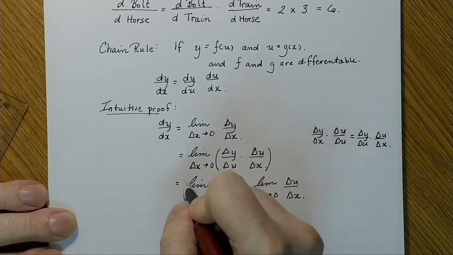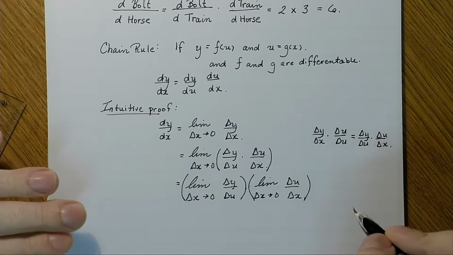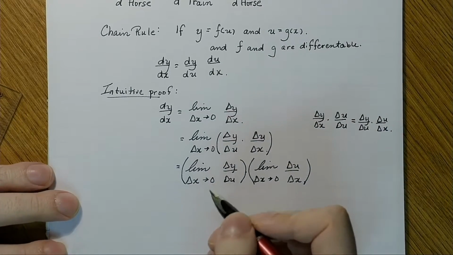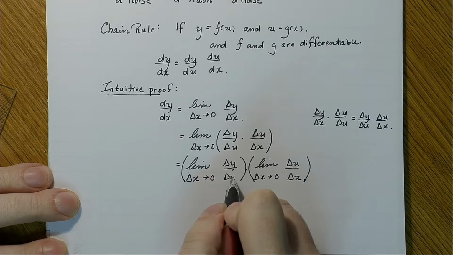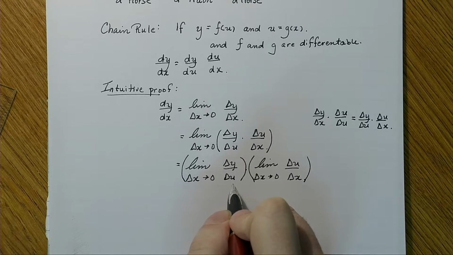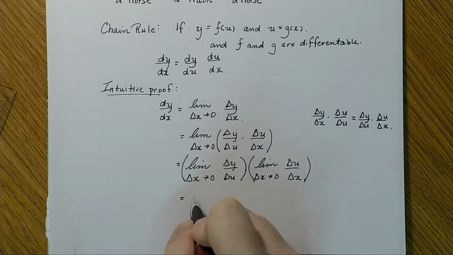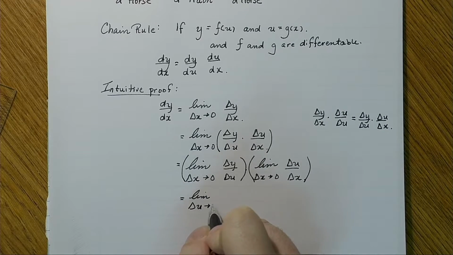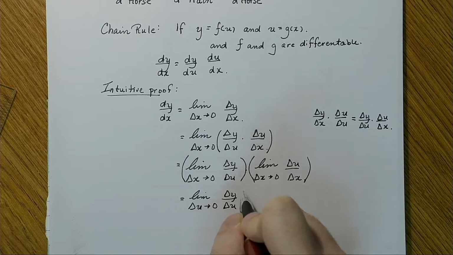So I can write some parentheses around here. Now this is where it gets interesting. I have a delta x over here, and I don't have it in that term. But delta u is composed of delta x. And so that's why I'm going to be able to write this as the limit as delta u goes to 0 of delta y over delta u.